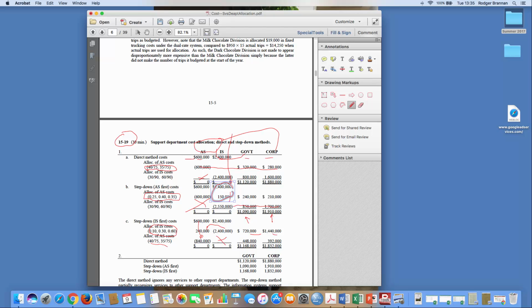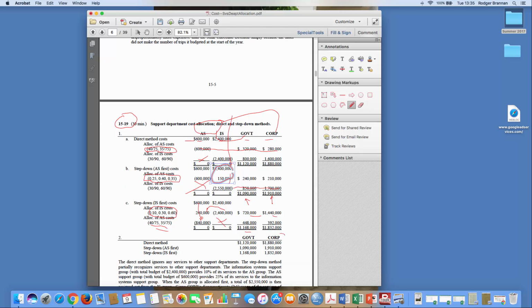Which now gets allocated just like we did under the direct method, the 40 over 75 and the 35 over 75. So I'll allocate the 448,000 and 392,000 for a total of 1,168,000 under government and 1,832,000. And you can see the nice little comparison here under the three options that I have.